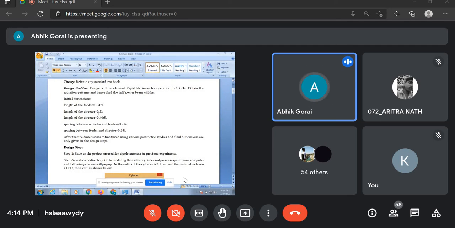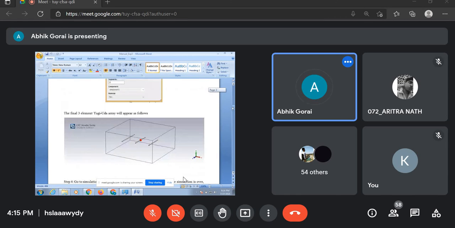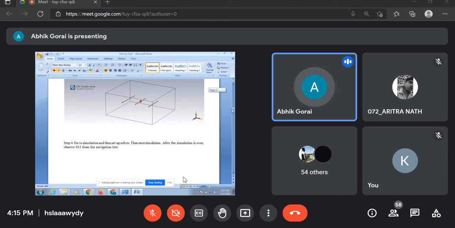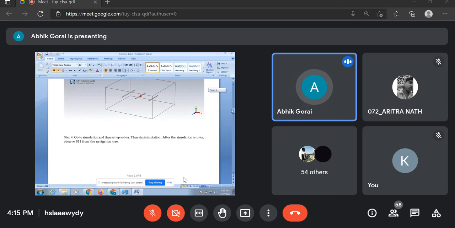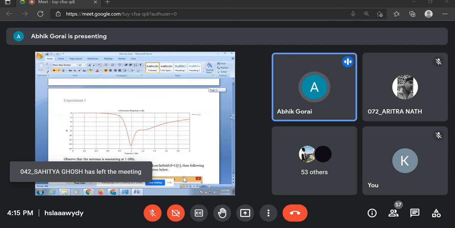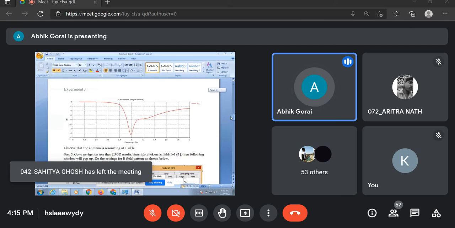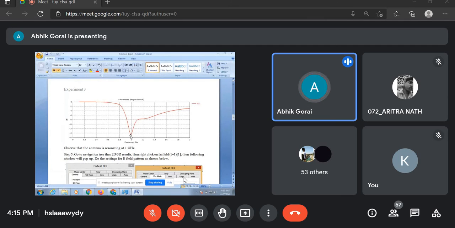You will find how to choose the dimensions in any standard textbook. Though there is no concrete formula for choosing the dimensions, it is an optimization process. So you can choose the dimensions as I have chosen here, and you can see the S11 characteristics, where the Yagi-Uda antenna array resonates at 1 gigahertz.